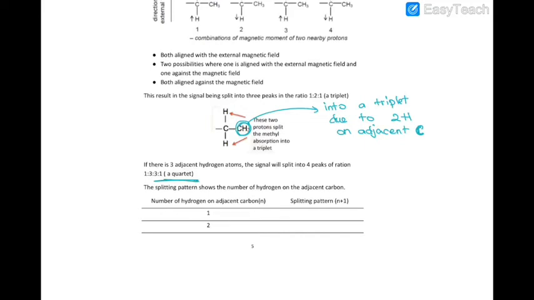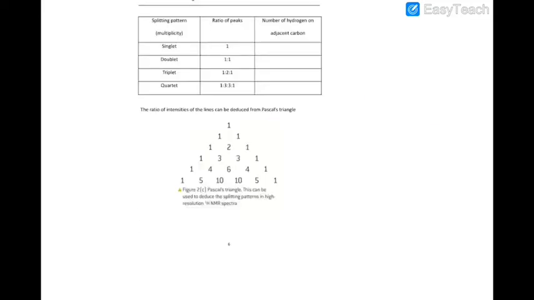So we can summarize the information. If you have 1 hydrogen on the adjacent carbon, you get 2 peaks, which is called a doublet. If you have 2 hydrogens on the adjacent carbon, you get 3 peaks. If you have 3 hydrogens on the adjacent carbon, you get 4 peaks. We can also have information about the splitting patterns.